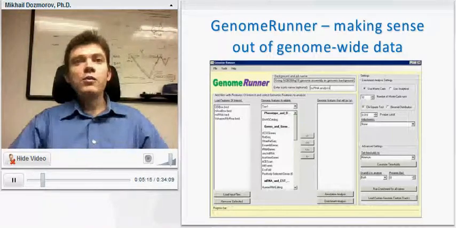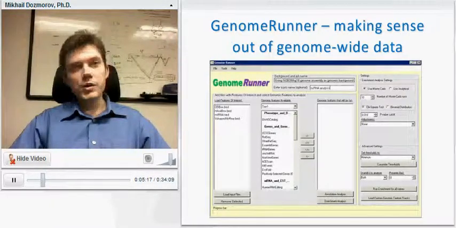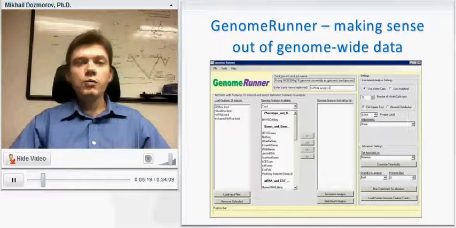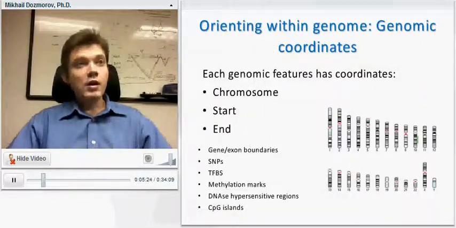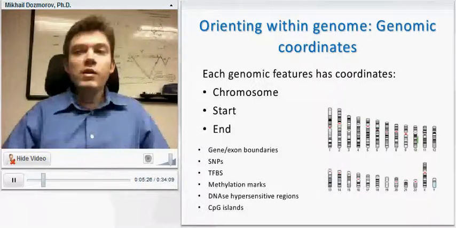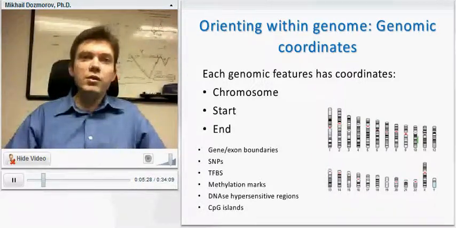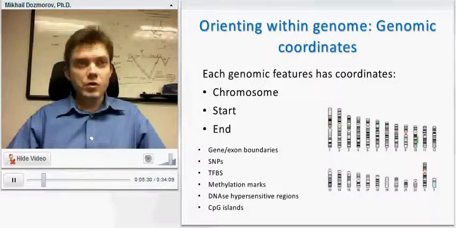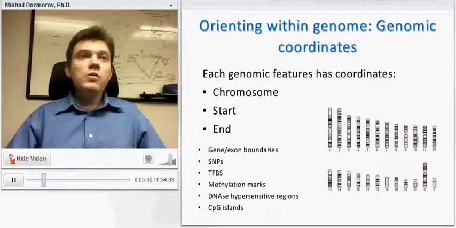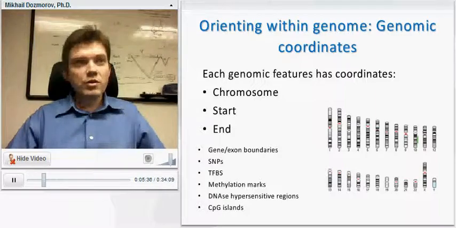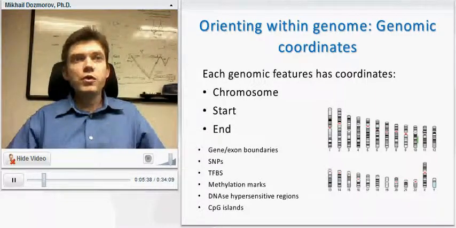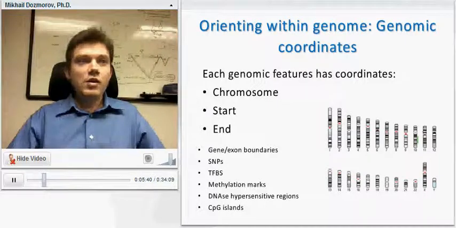And I'll tell you more about GenomeRunner software, which has been designed to make sense out of our genome-wide data. But first, let me remind you how we orient ourselves within the genome. We all know the genome is located on chromosomes, and each genomic feature has coordinates.